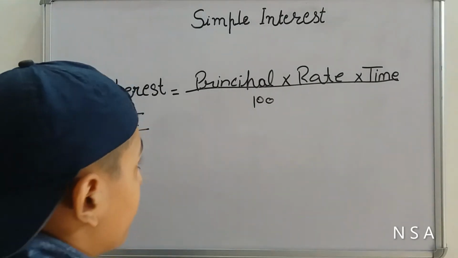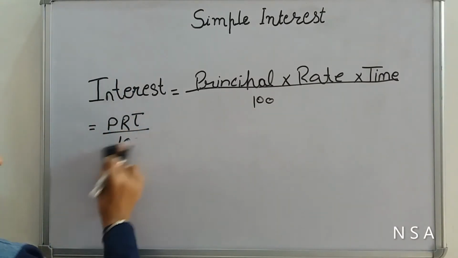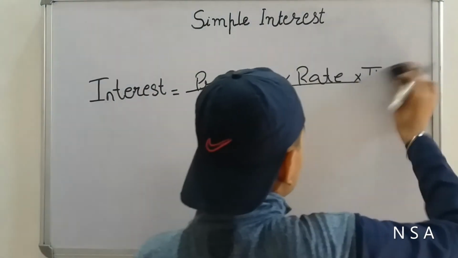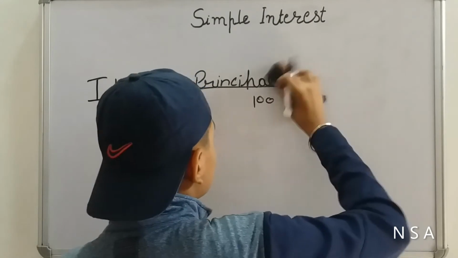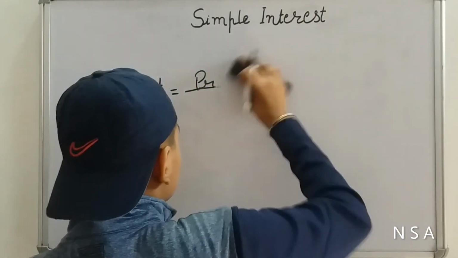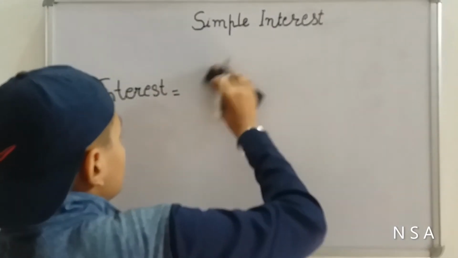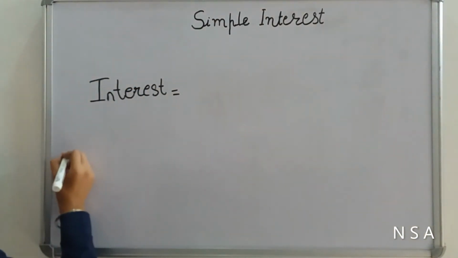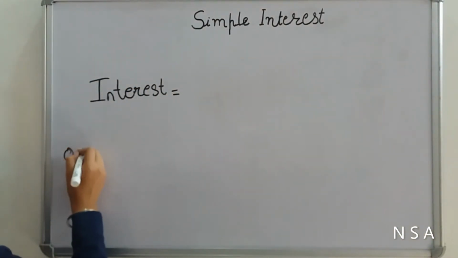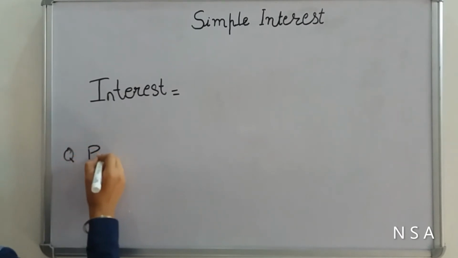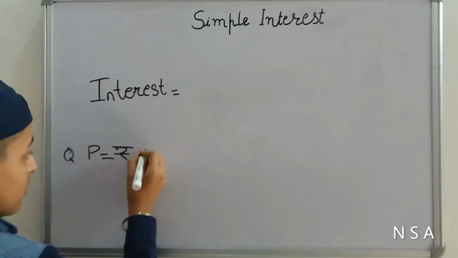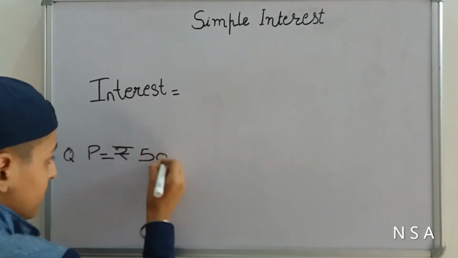Let's take an example and solve that example. In the question, it is given that the principal is equal to rupees 5,000.